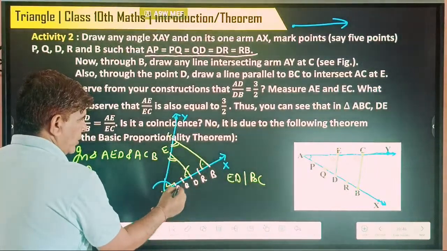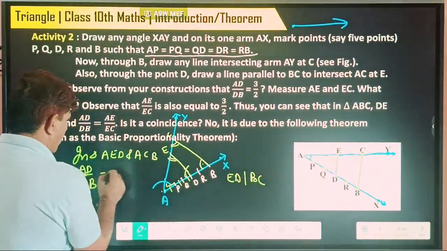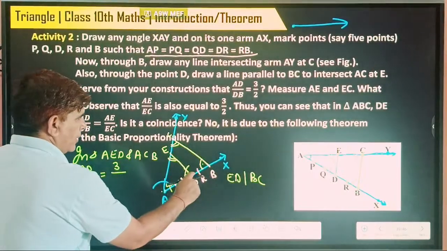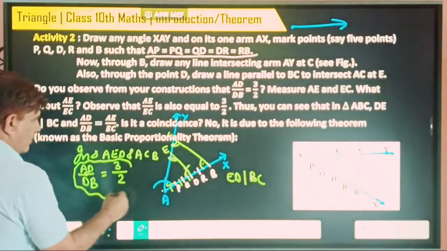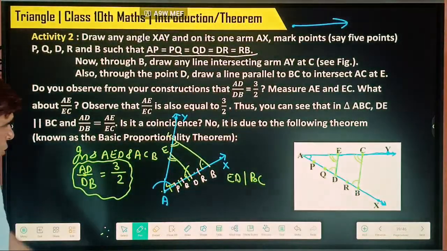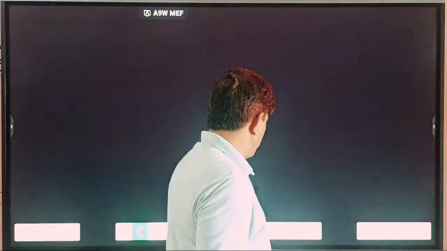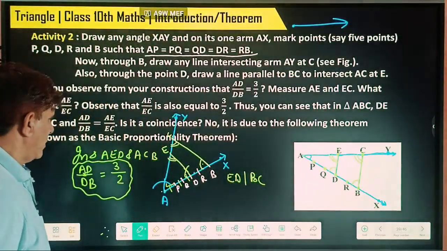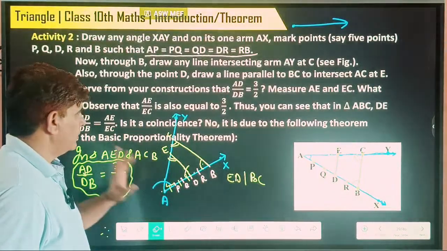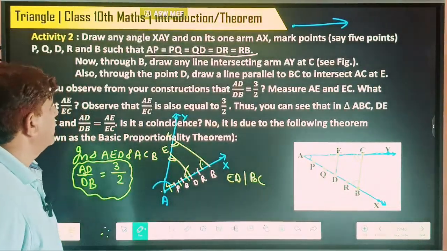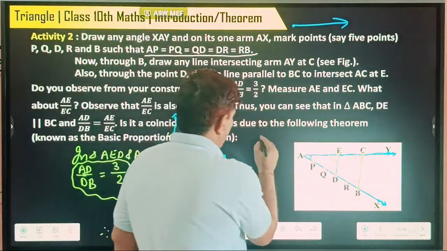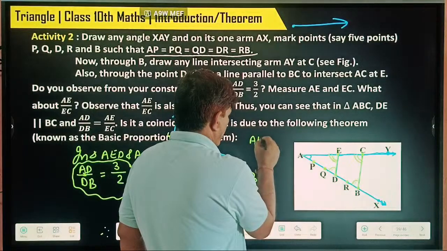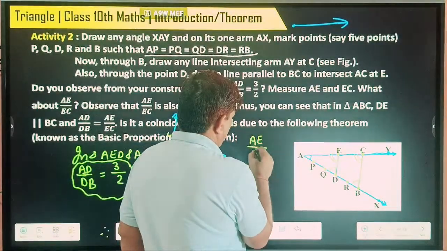So it means 1 unit, 2 units, 3 units. So AD is equal to 3 units. And after this, 1 unit, 2 units. Understood this? Then we can measure AE by EC.